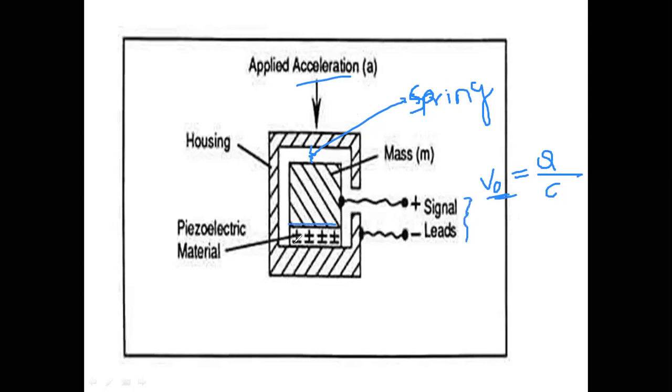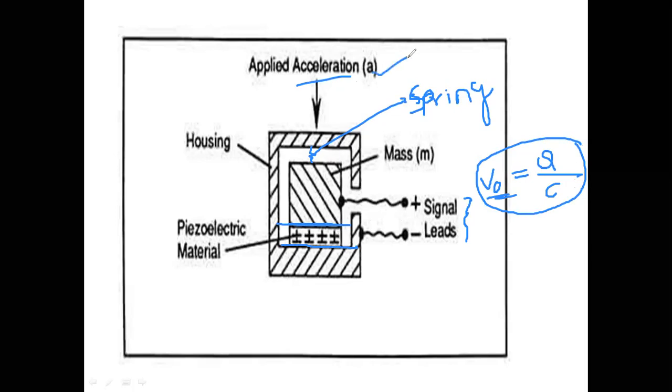This is a metal, this is a metal, and in between there is a crystal, so it acts as a capacitor: two parallel plates with a crystalline dielectric material in between. Likewise the output voltage V0 equals Q by C. The amount of charge is proportional to the amount of deformation, deformation is proportional to acceleration, and output voltage equals Q by C, so output voltage is a measure of acceleration.